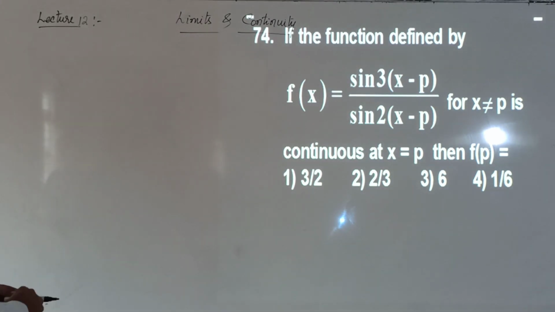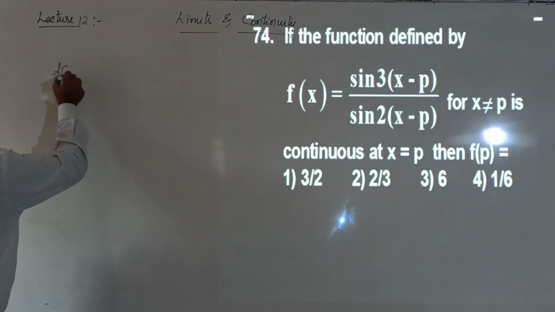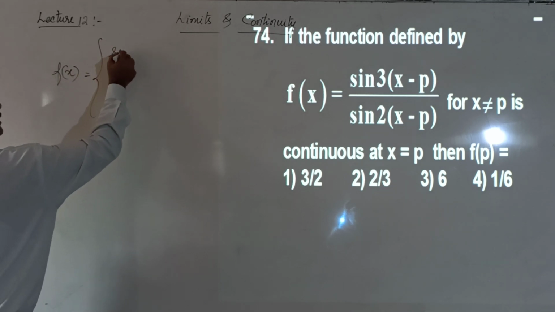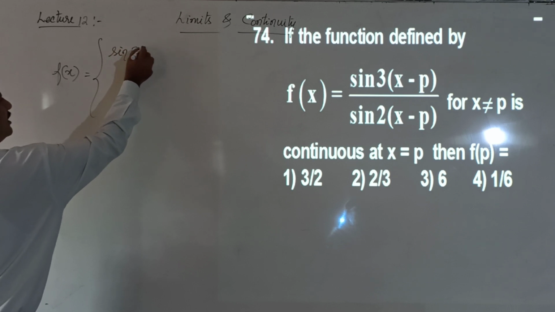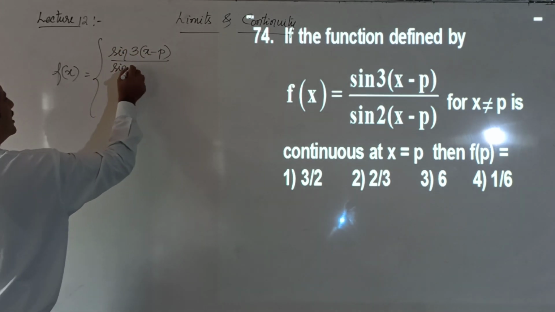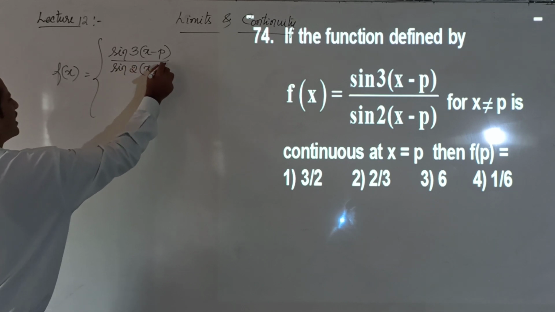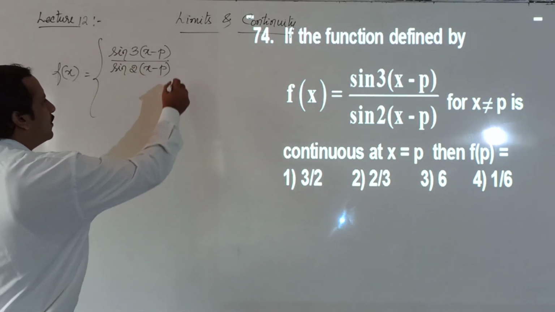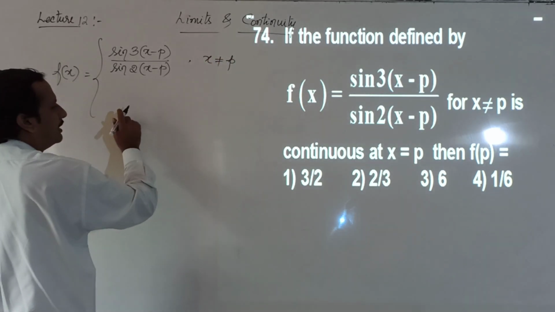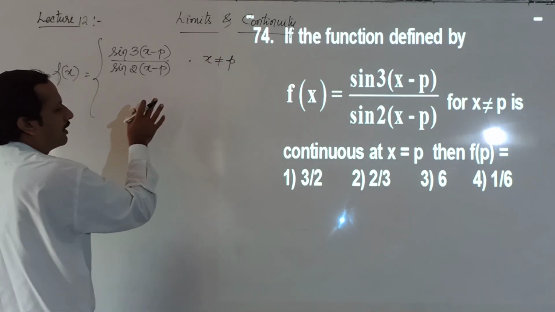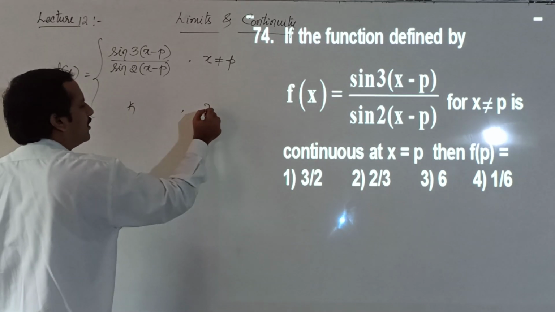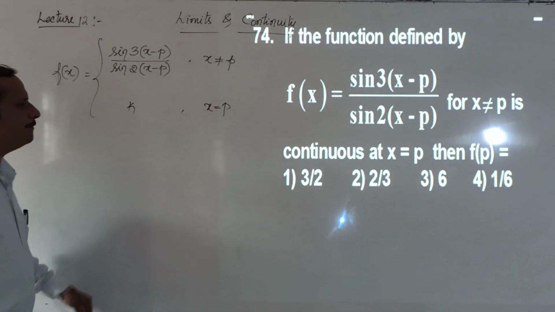Okay, so that function is defined like this. f of x is equal to sine 3 into x minus p divided by sine 2 into x minus p when x not equal to p, and it is okay. What happens at x equal to p? Not given, so let me take it as k when x equal to p.